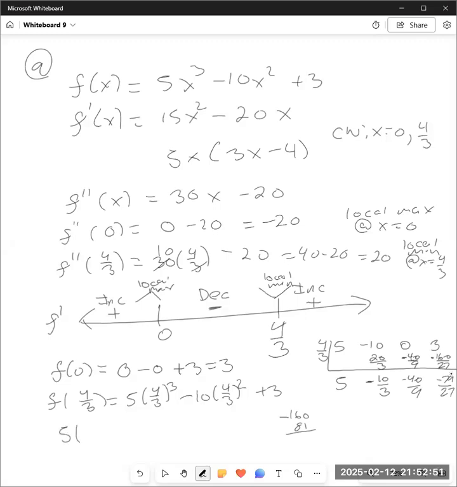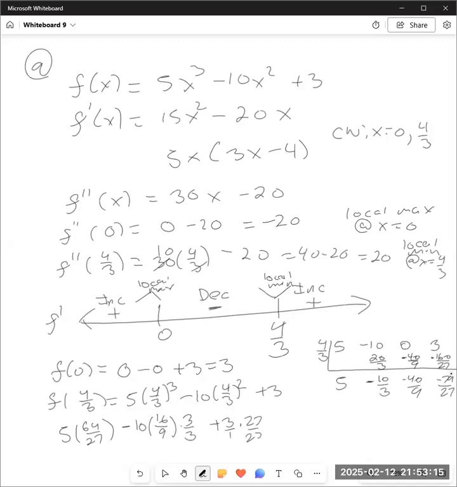Let's see if we get the same thing this way. 5 times 64 over 27, minus 10 times 16 over 9, which I need to multiply by 3 over 3 to get a denominator of 27, plus 3 over 1 times 27 over 27.